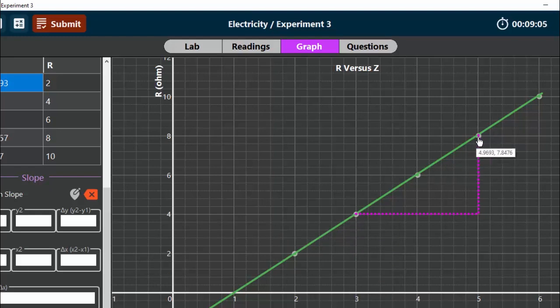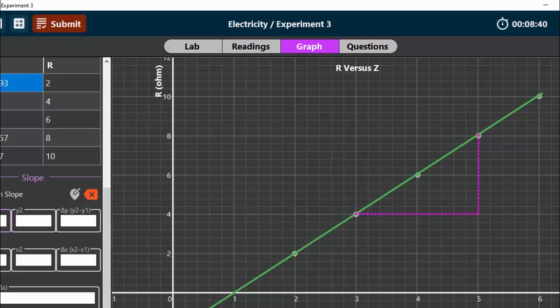Then on this point, the x2 is 5 and the y2 is 8. When picking points for slope, try to use points that are very close or exactly on the major lines. It makes it very easy to compute your slope.